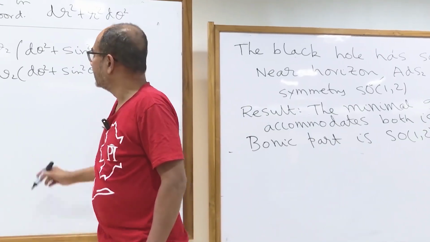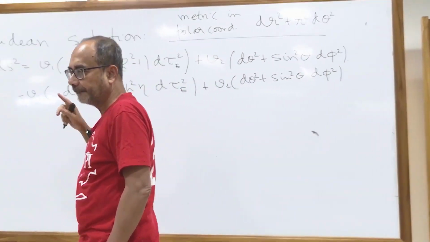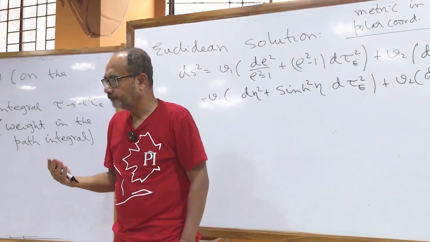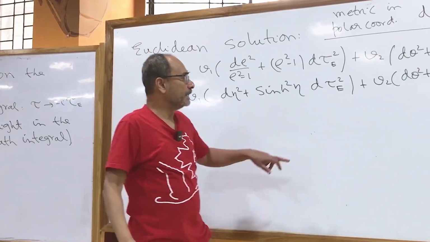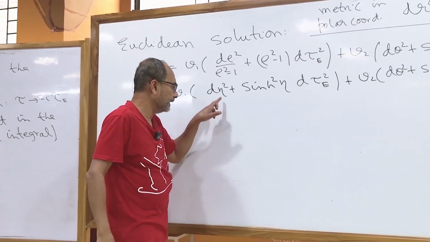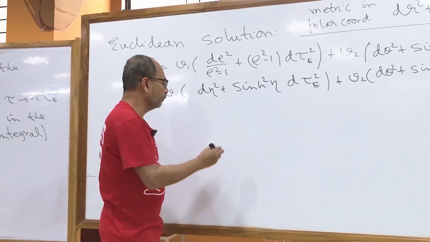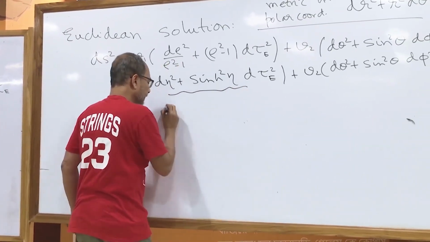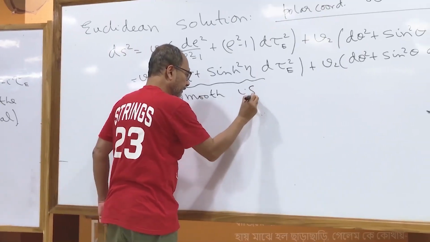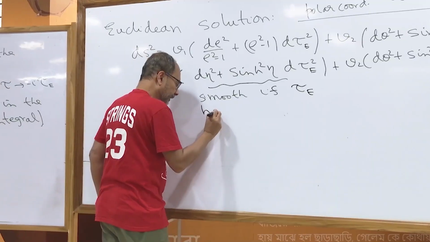But this is smooth provided theta is a periodic variable of period 2 pi. Right? Theta has to be an angle. Otherwise, it's not smooth. So just by comparing this with this, near eta equal to 0, it's exactly the same structure: d eta squared plus eta squared d tau squared. So this is smooth if tau_E has period 2 pi.